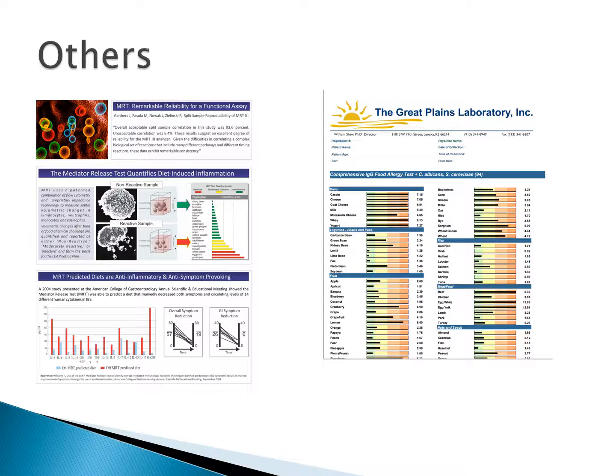The other problem with this is very similar to the hemocode, and also the MRT: just because you have something doesn't mean it's directly correlated with it. So you could have elevations in IgG that don't mean you're actually allergic.